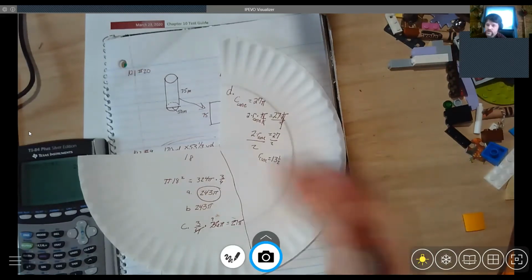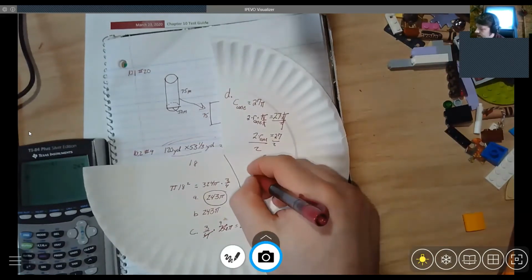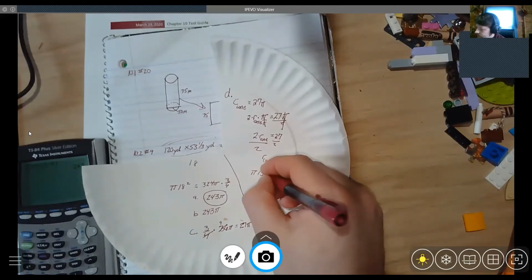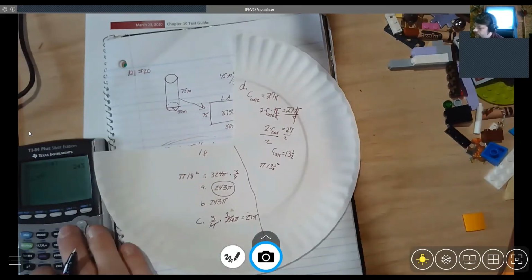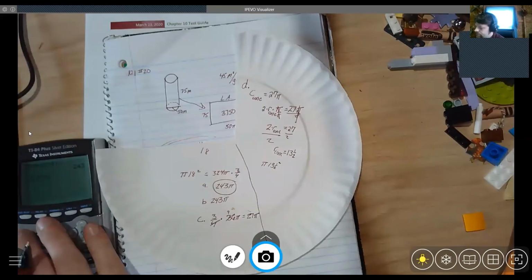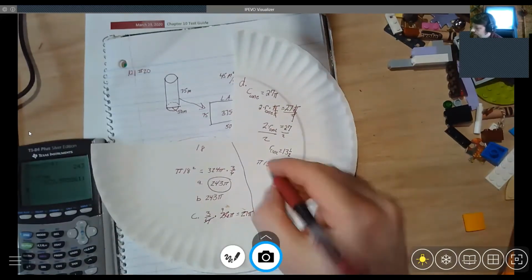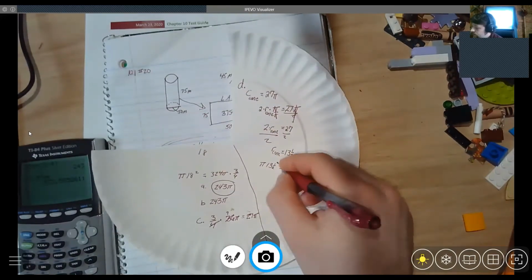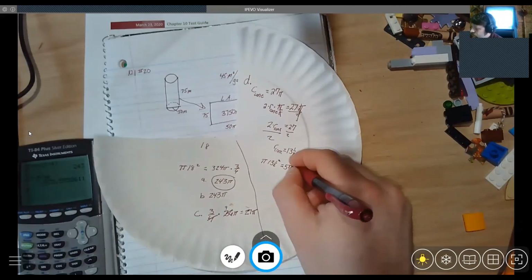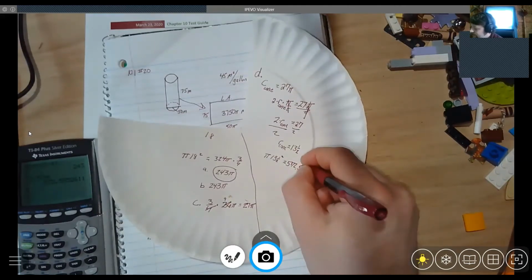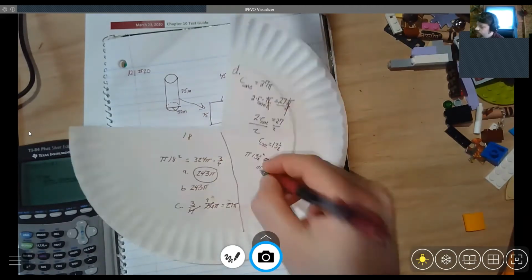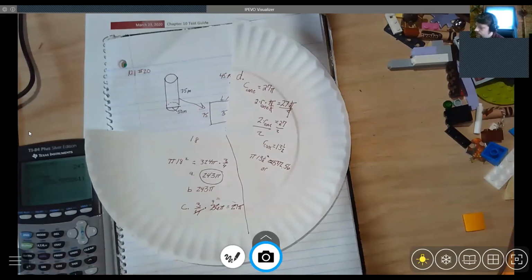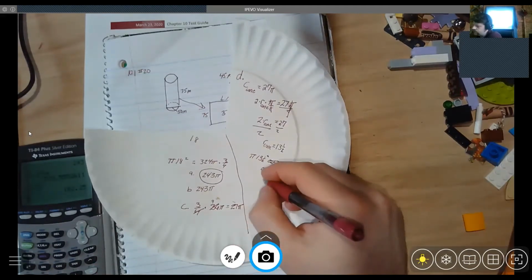So now it says, what is the area? So I just need to do pi times 13.5 squared. And that gives me 572.56 approximately, or 13.5 squared is 182.25.